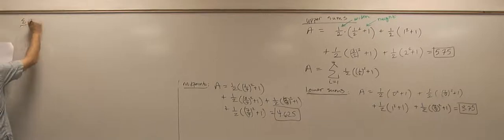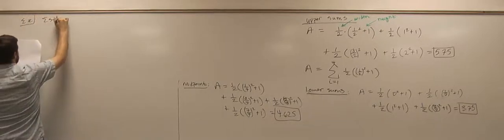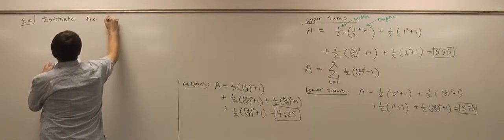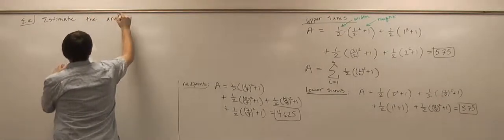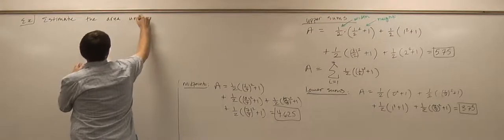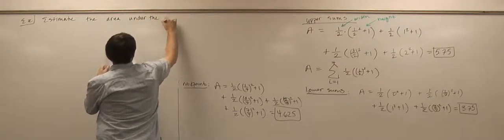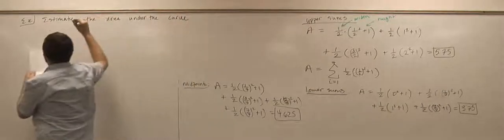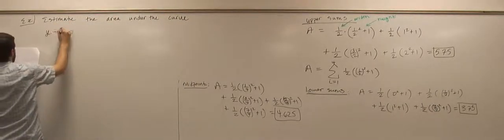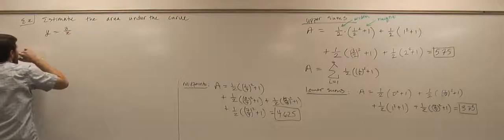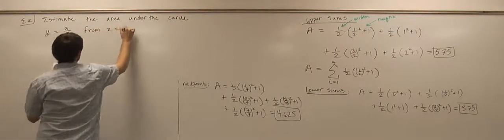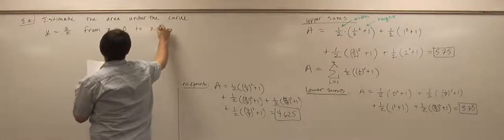So, an example. Estimate the area under the curve y equals 3 over x from x equals 0 to x equals 50.